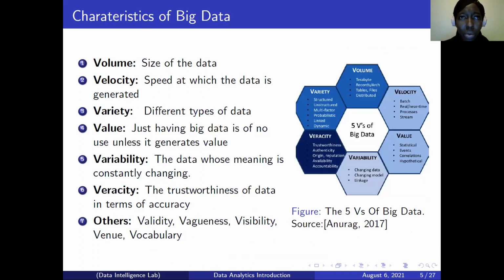So what makes data big? What are the characteristics of big data, or why do we call it big data? The concept of big data became prominent when scientists, statisticians and mathematicians began to look at data as having certain characteristics, such as very large volume.